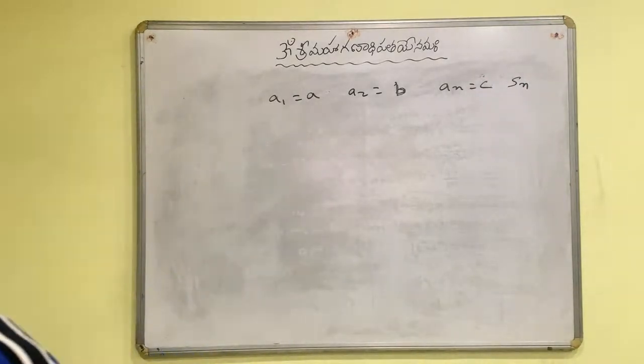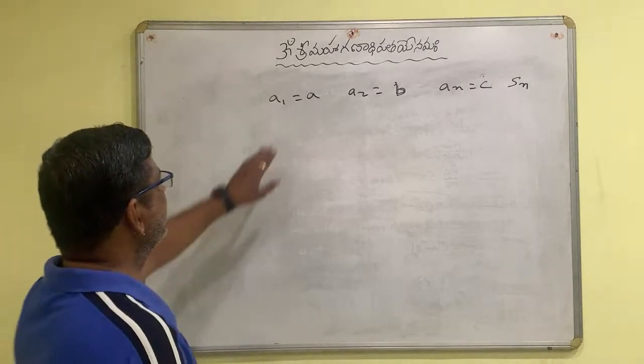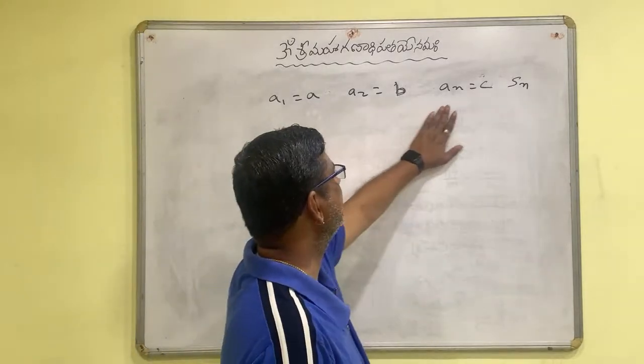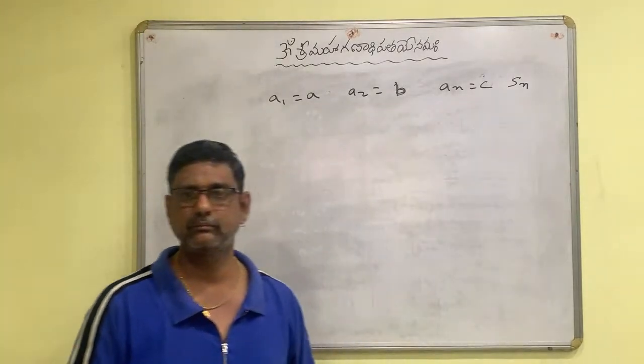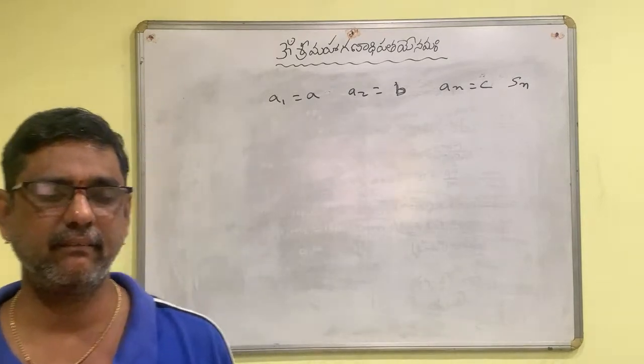A1 is A, A2 is B, AN is C. And we need to find out Sn.